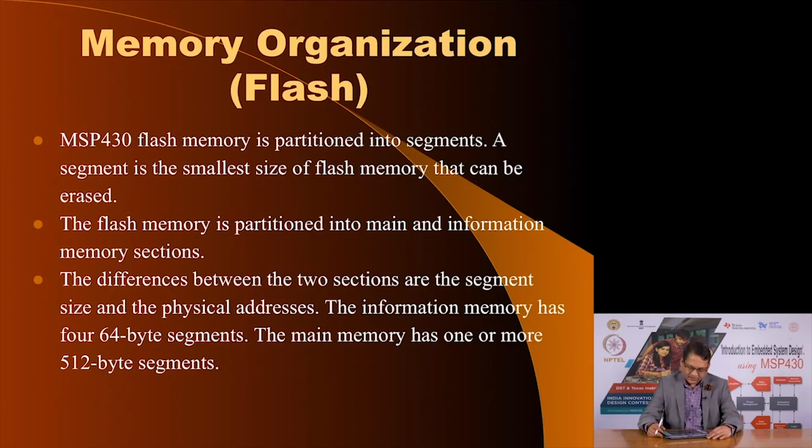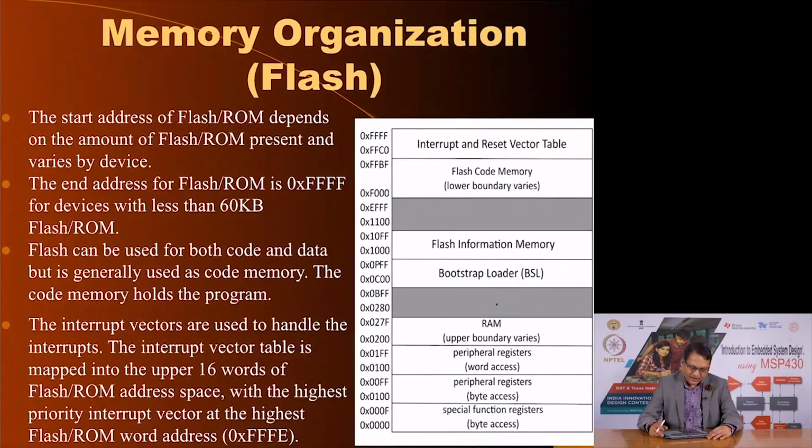The information segment has 64-byte segments, and the main memory where you store the code has 512-byte segments. In the G2553 we have 16 kilobytes of memory. We have already discussed what we can do with this, and I will repeat here that the flash memory can be used to store code as well as constants, and you can modify some of these constants also.